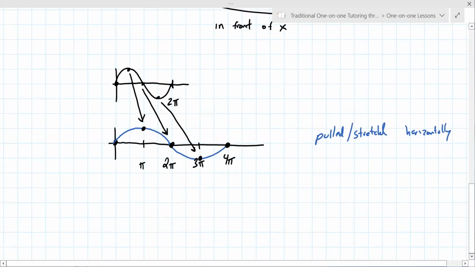So let's just say you graphed it so that this was 4 pi, this is 2 pi, and this is 1 pi, and this is 3 pi. It looks exactly the same as the parent function because your graph is sort of squished in, so to speak, if you're comparing it to the first one.